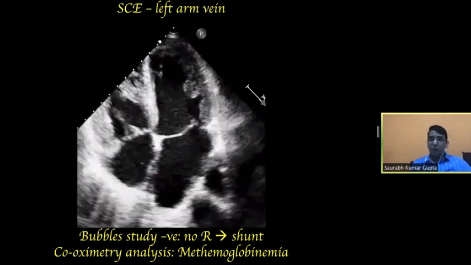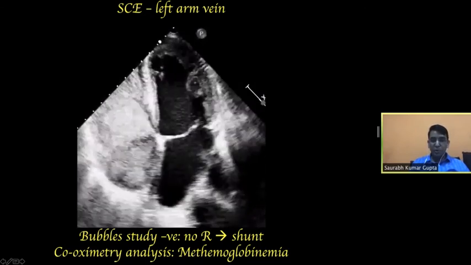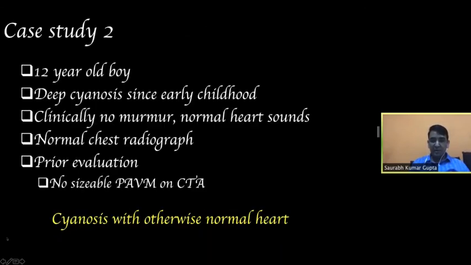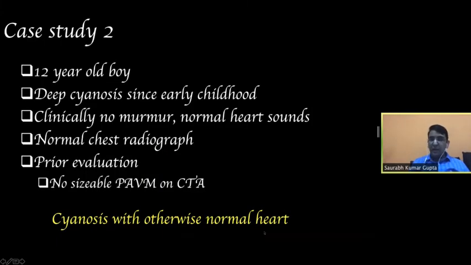So we do saline contrast echo, and it shows negative. So in this patient we could say that the shunt is negative. So we went ahead and did co-oximetry, and it showed that the patient actually had methemoglobinemia, and it was an easy way to differentiate and rule out right to left shunt.